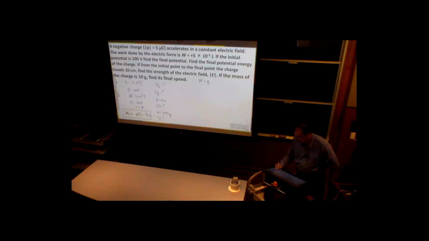It's a combination, actually, of two definitions: a definition of what electric potential is and a definition of what electric potential energy is, initial, final.